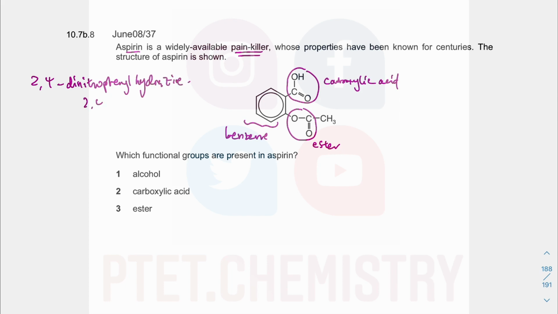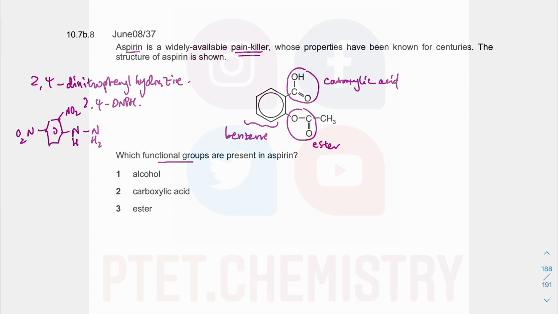This is 2,4-DNPH, which you use to test for aldehydes and ketones. It's still got a benzene ring, so maybe not. They can still ask you 2,4-DNPH because this chemistry is related to your AS carbonyl compounds, aldehydes and ketones. So maybe they could still ask you about the benzene ring in AS, alright?